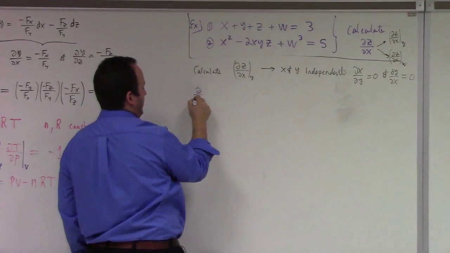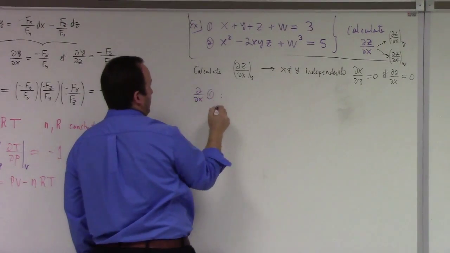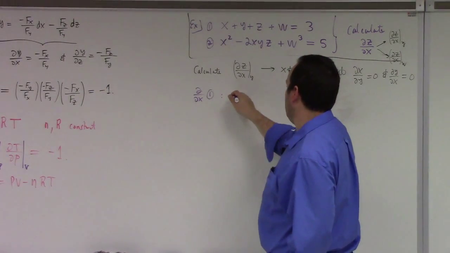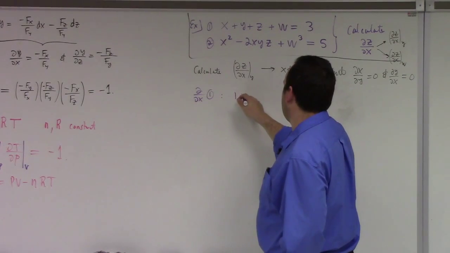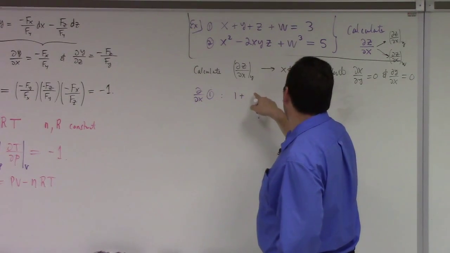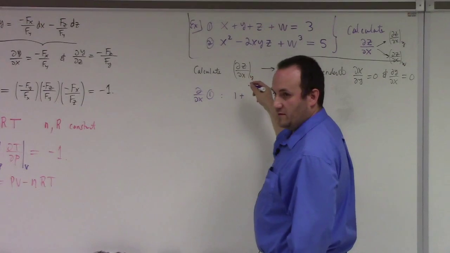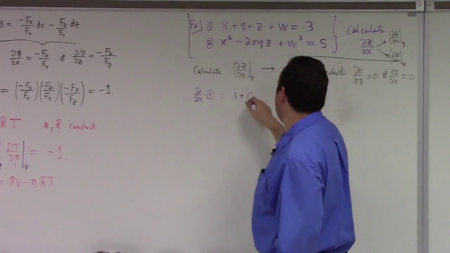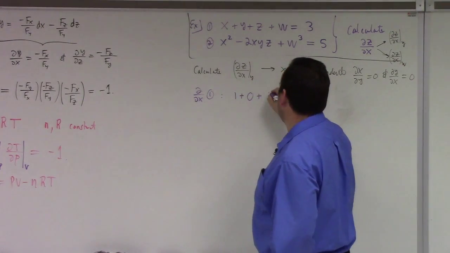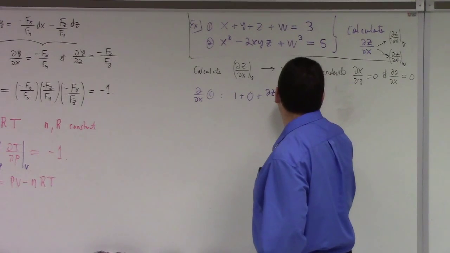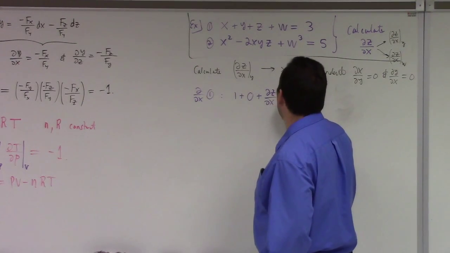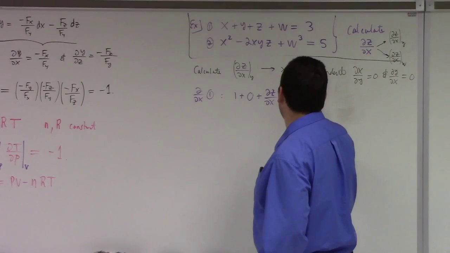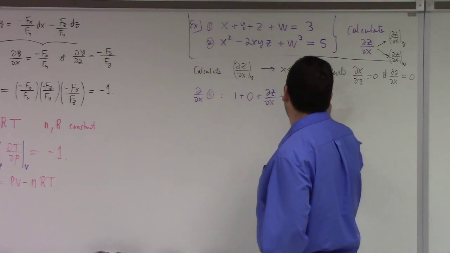I take partial x of 1, and you get 1 plus partial y partial x, which is 0, plus partial z partial x, which is what I'm after, plus partial w partial x is equal to 0.